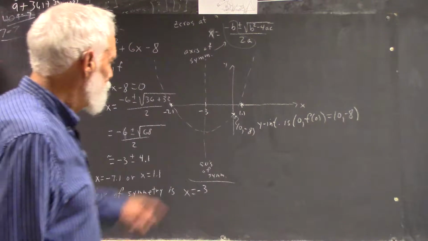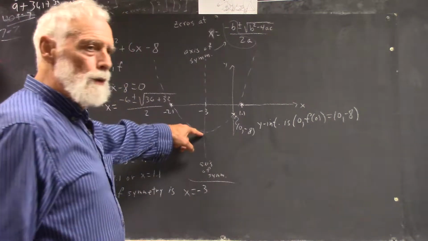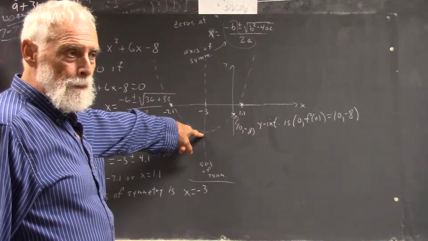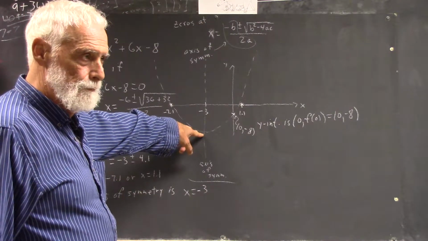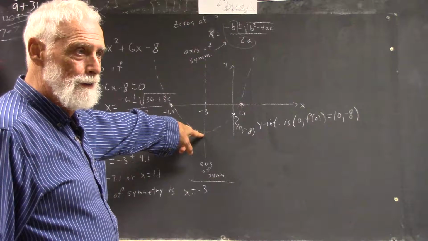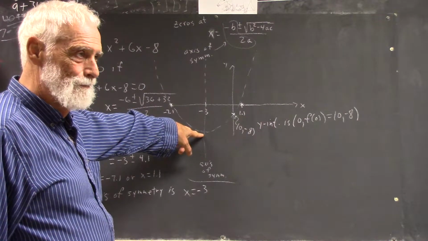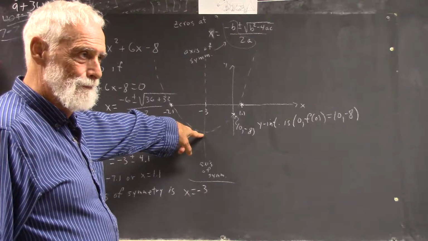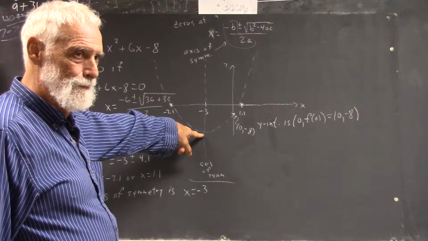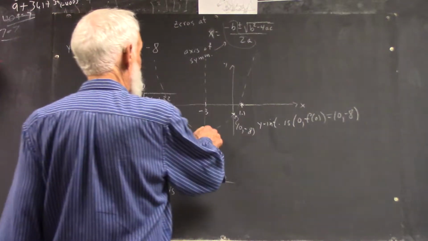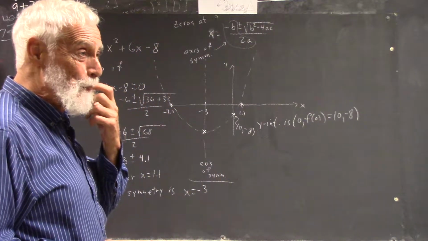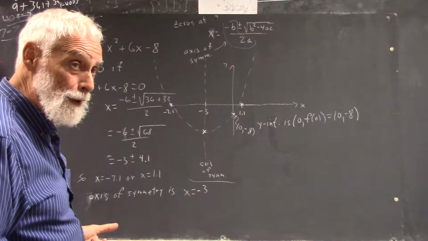Okay, so if that's 0, negative 8, what's it look like the y-coordinate of the vertex ought to be? Got to be positive or negative? Here's the vertex. Y-coordinate's got to be negative.